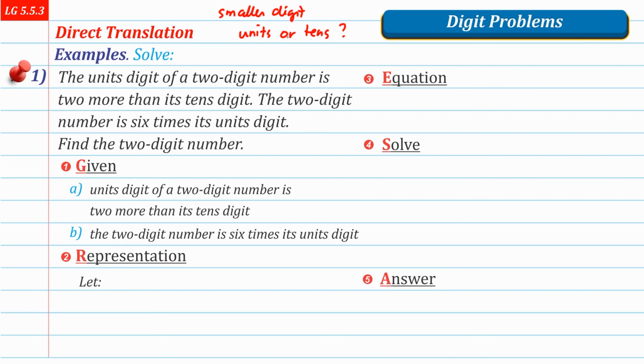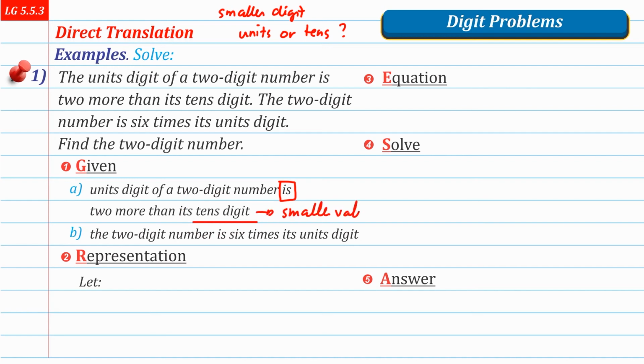The units digit of a 2-digit number is 2 more than its tens digit. Sino pang smaller? 2 more than. Mas malaki ng 2 kaysa sa tens. Tens digit. Very good. So this is the smaller.